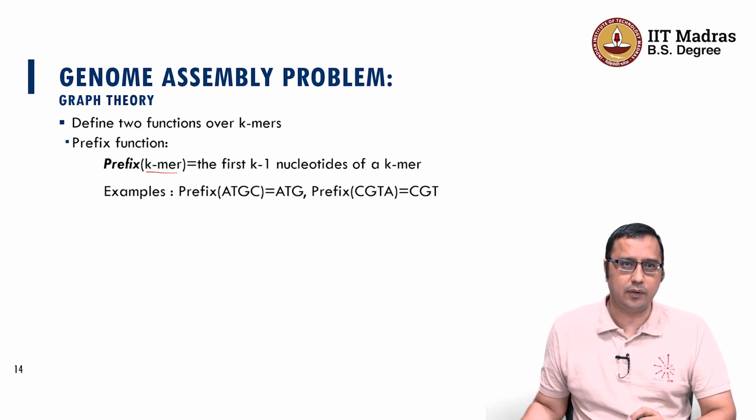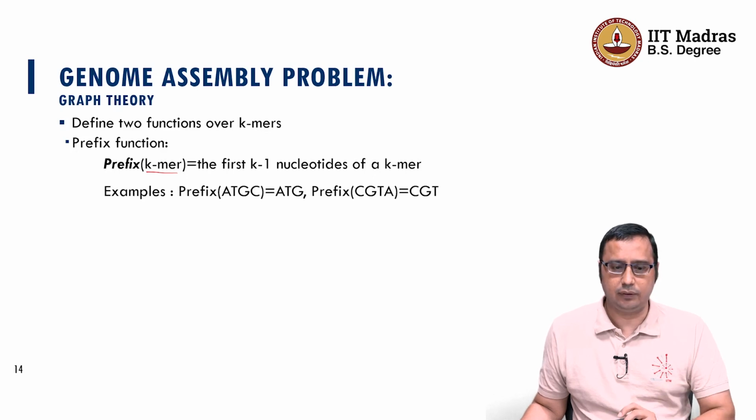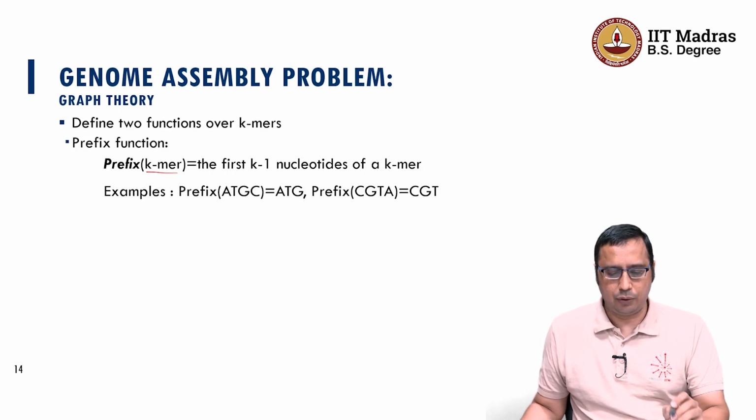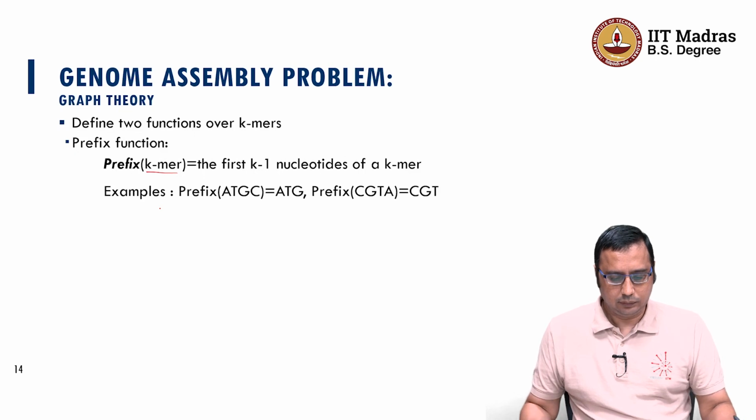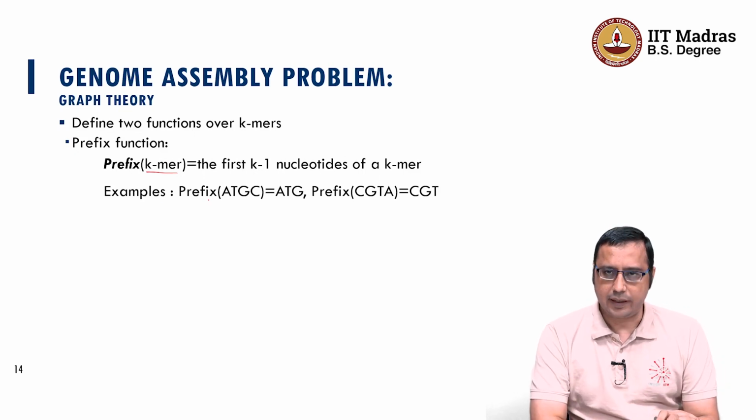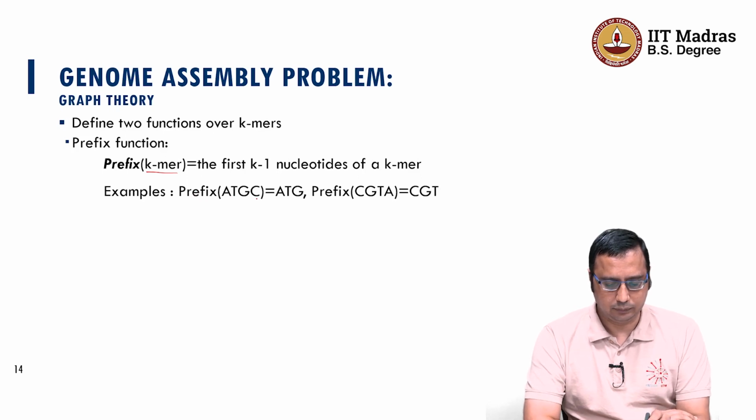There is another function, the suffix function. Before that, I'll explain an example. In this example, I have applied the prefix function on ATGC, which is my k-mer, a 4-mer, and after applying the prefix function, the output is ATG.